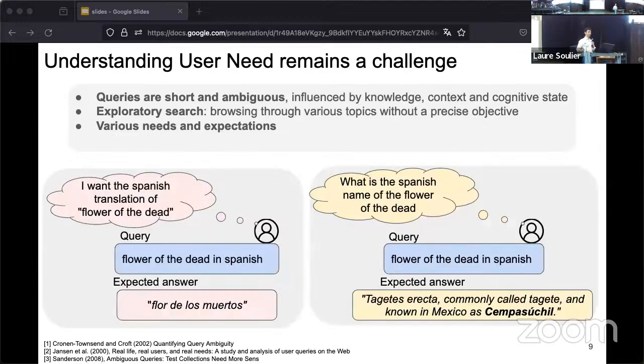And also a user can have various expectations. For example, given two users having different information needs, one wants a Spanish translation of "the flower of the dead", and the other wants the name of the flower of the dead in Spanish. They enter the same query, but they expect a different answer.